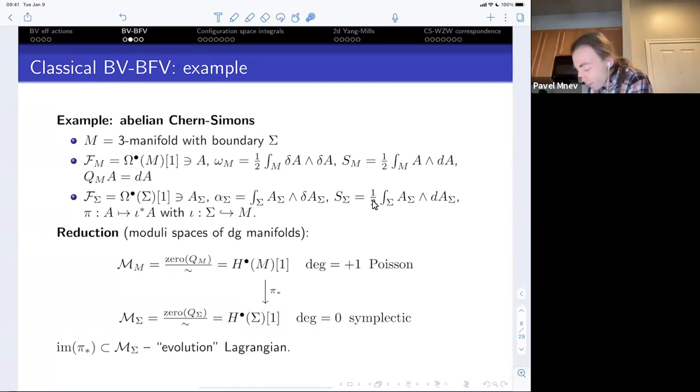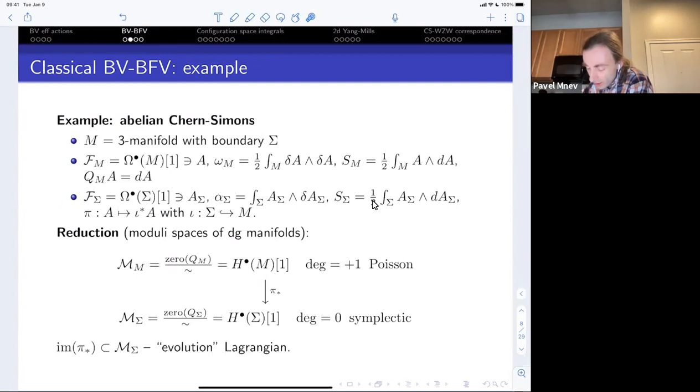This can be understood as a reduced phase space. It's symplectic, and the symplectic structure is the Poincare duality. The bulk object is not symplectic. It's Poisson with a degree +1 Poisson structure. And in fact, the symplectic foliation of this Poisson manifold is given by fibers of this map.